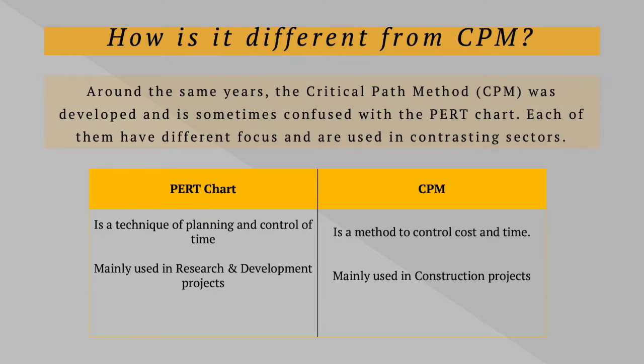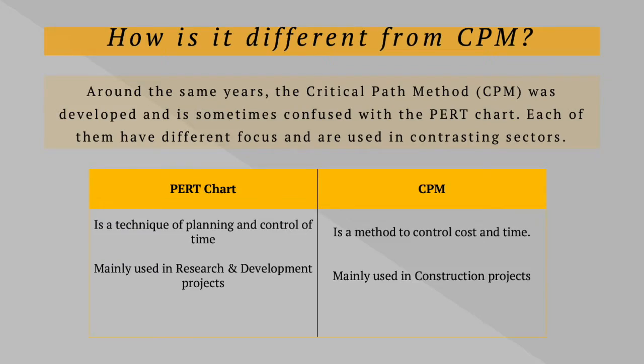Around the same years, the critical path method was created as well. The critical path method is an instrument that is also used for planning and scheduling projects, but they have different focus and they are frequently confused with each other. As we can see in this chart, the PERT chart is used as a technique of planning and controlling time.